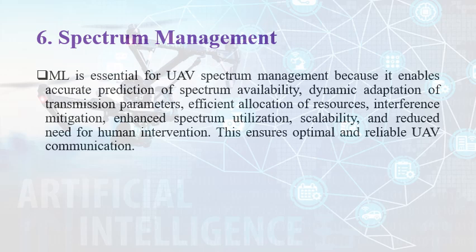Okay, spectrum management. ML is essential for UAV spectrum management because it enables accurate prediction of spectrum availability, dynamic adaptation of transmission parameters, efficient allocation of resources, interference mitigation, enhanced spectrum utilization, scalability, and reduced need for human intervention.